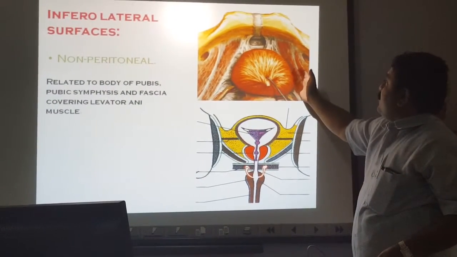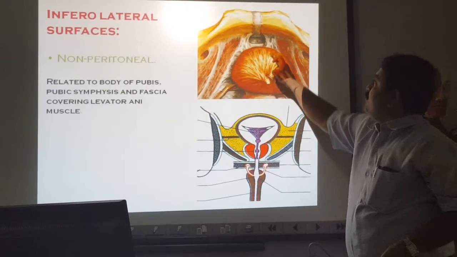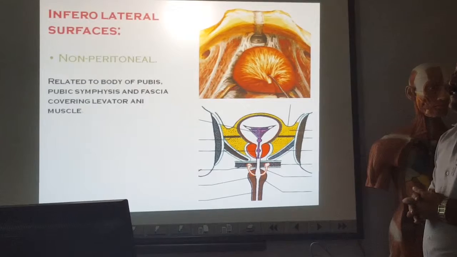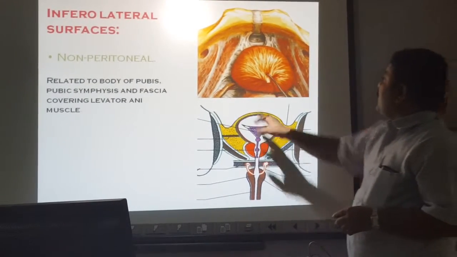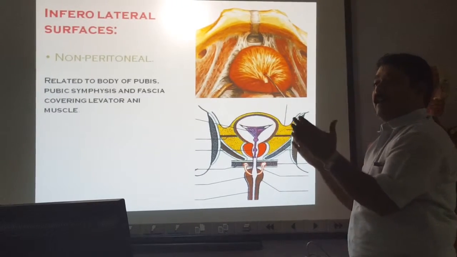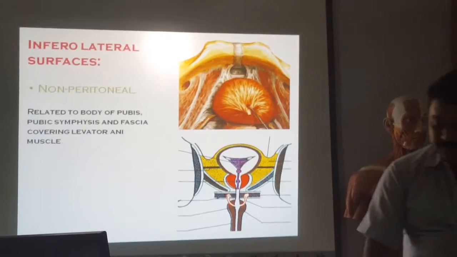So the inferolateral surface is related with the pubic symphysis and the fascia covering the levator ani muscle, on either side.